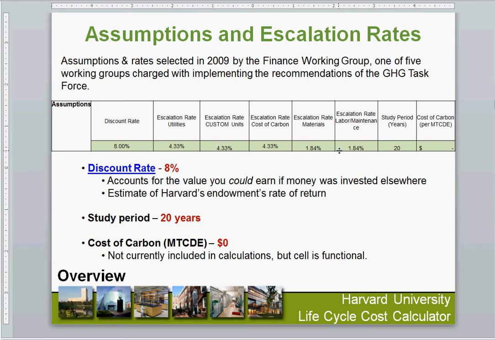These are developed in collaboration and reviewed on a semi-annual basis by the Harvard Finance Working Group and Harvard Engineering and Utilities, looking at the utility side. So these are updated periodically. They tend to stay reasonably constant. You're not going to see giant swings here typically, and we've kept the discount rate fairly constant for a long time as well. But these are applied to any costs we have going forward, and you will see how that functions in a while.